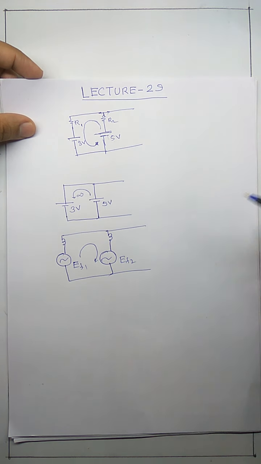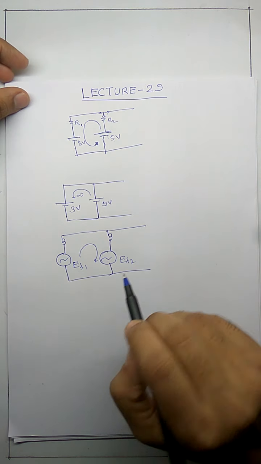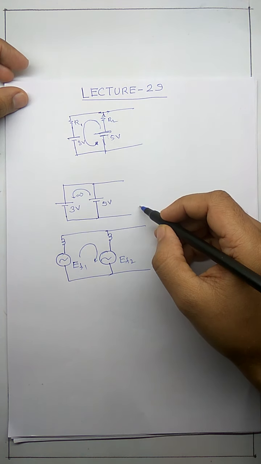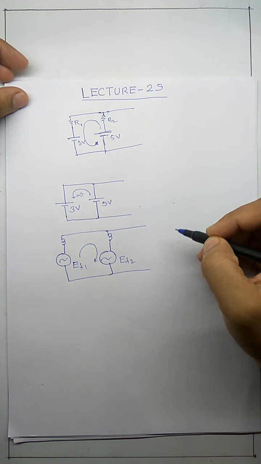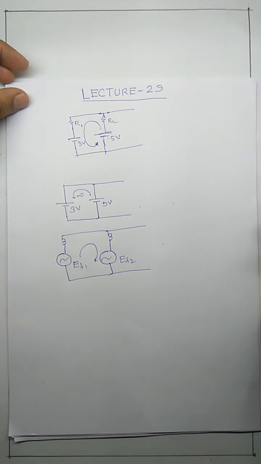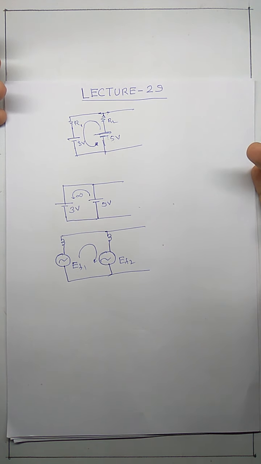These two voltages should be equal, or if equal is not possible, then they should be very close to each other. So the concept of connecting two DC sources in parallel, two AC sources in parallel, or two synchronous machines in parallel is the same. The concept is that the voltage should be the same.